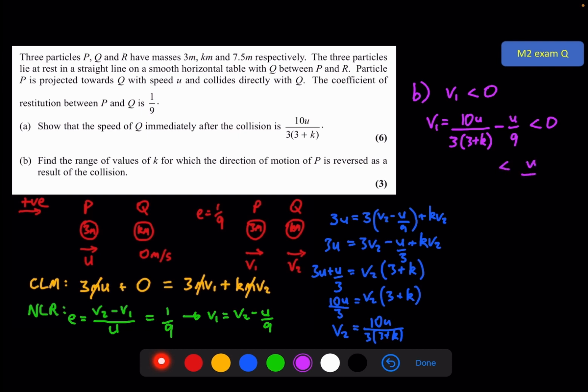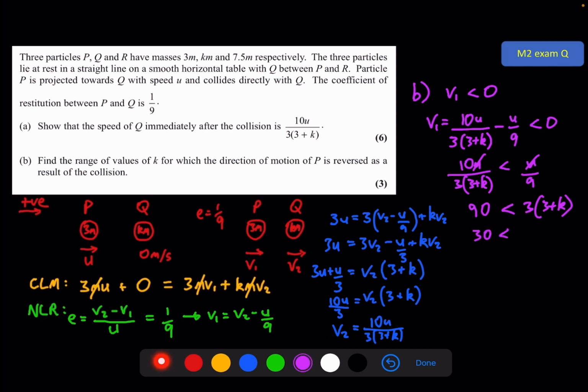So if I bring u/9 on this side, the u's cancel, I can bring the 9 over here without a problem, and I can bring 3 plus k over here without a problem, because I know that k must be positive if it's a multiplier for a mass. We're not going to have a negative mass here, so 3 plus k must also be positive, so I don't need to worry about changing the sign of the inequality.